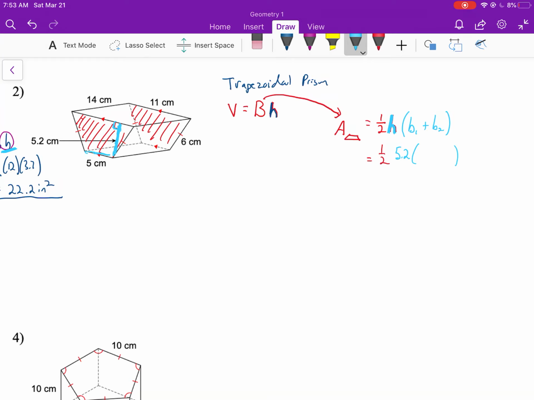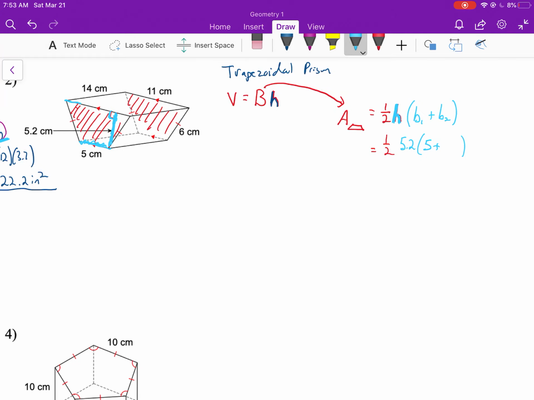Here's one base, which is 5 centimeters, plus the other base. The other base is this part up here, which doesn't say right there, but we can look over to the one across from it, and it is 11 centimeters. And so then we're going to multiply that out to get the area of the base. So we have 1/2 times 5.2 times 16.